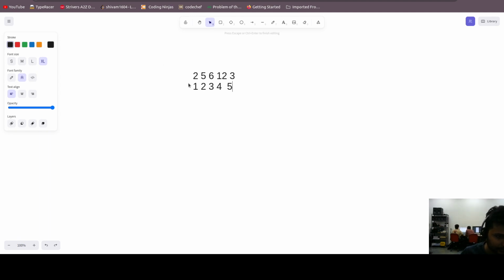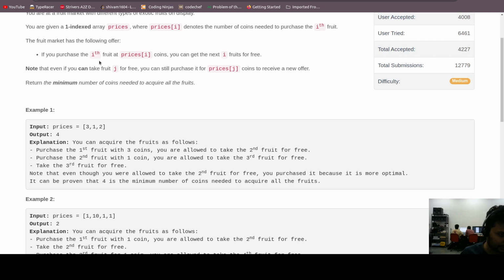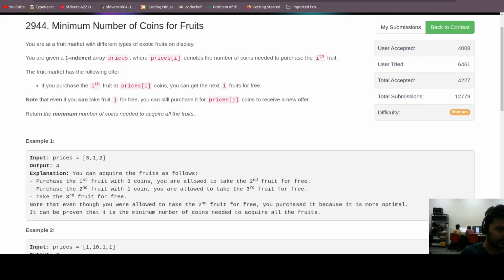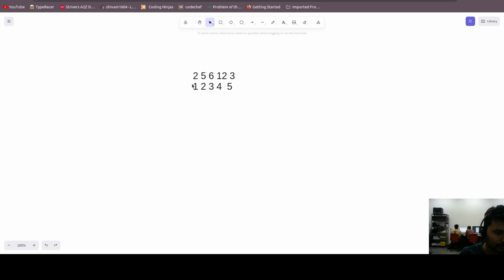We are taking one-indexing because the question clearly mentions that it is a one-indexed array. So this is the first fruit and its price is 1. This is the second fruit and its price is 5. This third fruit's price is 6. This fourth fruit's price is 4, and this fifth fruit's price is 5.